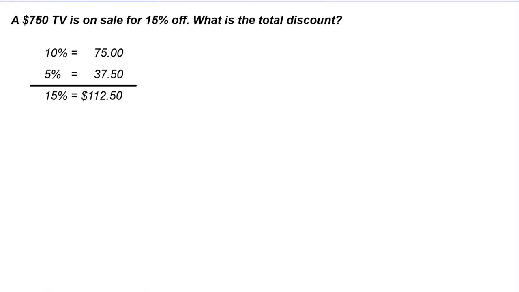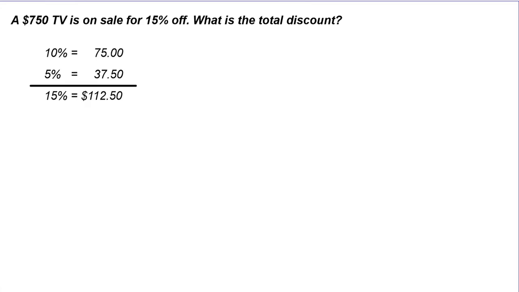So here we have an application of that. A $750 TV is on sale for 15% off. What is the total discount? So here we need to find 15% of $750 to find out how much is going to get taken off of the price. Well, I'm going to use a combination of benchmark percents. I'm going to use 10% and I'm going to use 5%. Now, 5% was not one of our benchmark percents, but hopefully you can see how you can get 5% if you need it.